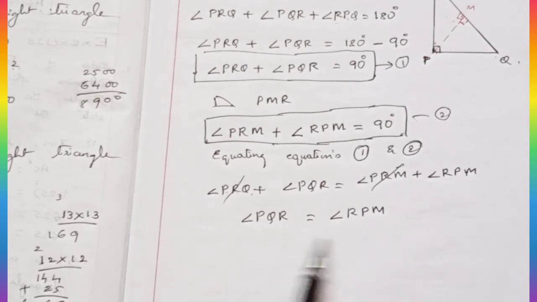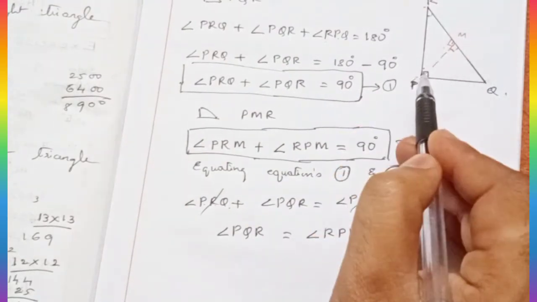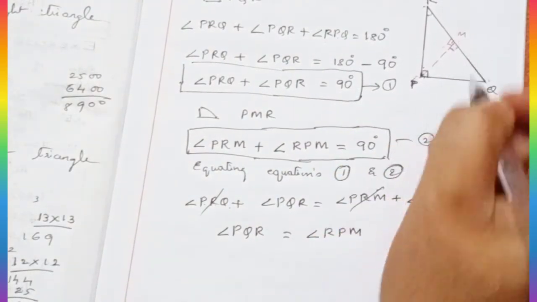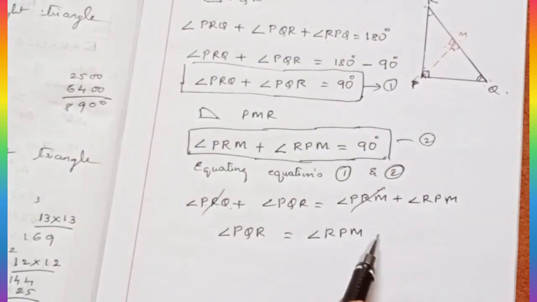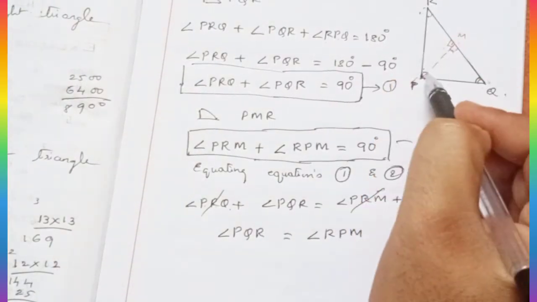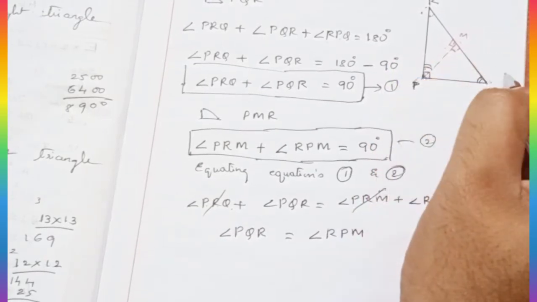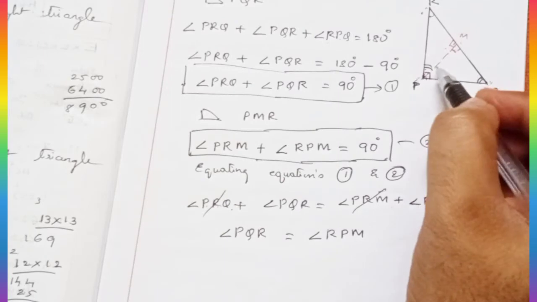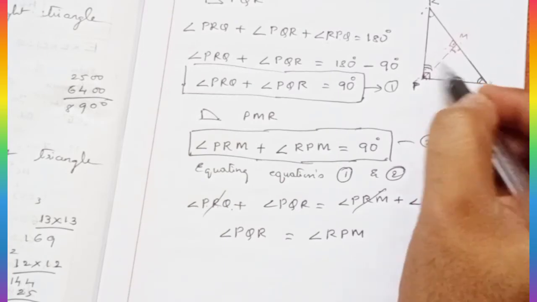See, if you carefully observe these two angles, PQR comes in which triangle? PQR can also be written as PQM. So it's nothing but this angle Q. RPM comes in which triangle? RPM, so only this portion. So these two angles are equal to one another. So already we know that one of the angles is equal to 90 degrees and one of the angles of these two triangles is equal.